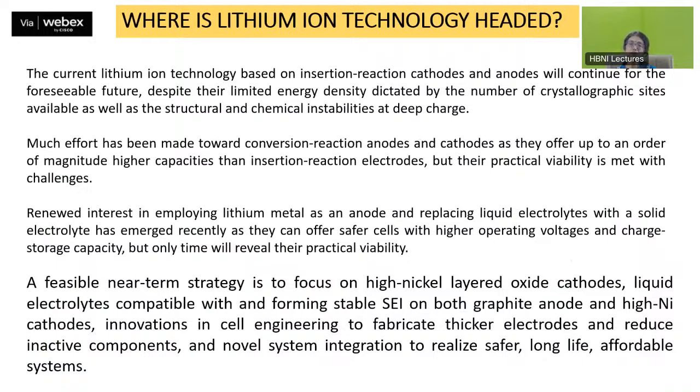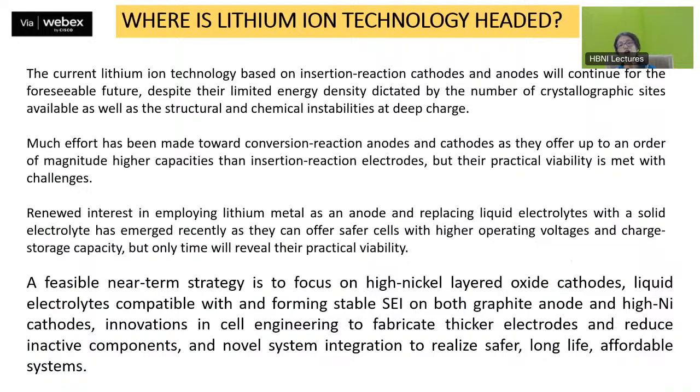But we still have to cover quite some distance in research to achieve practical viability. So a feasible near-term strategy for researchers in this field is to focus on high nickel layered oxide cathodes and liquid electrolytes which are compatible with and form stable SEI on both graphite anode and high nickel cathodes. And then innovation in cell engineering to fabricate thicker electrodes and reduce inactive components.